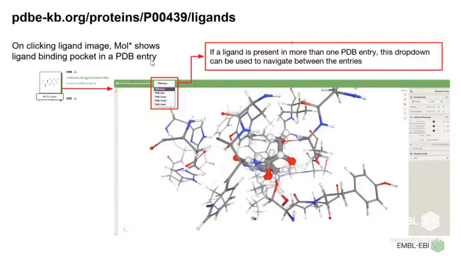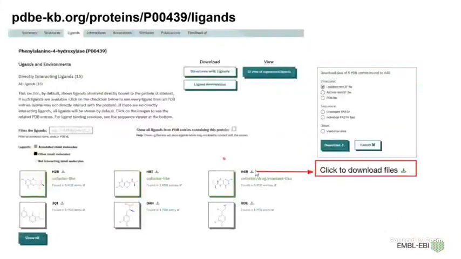If there is more than one entry in which the ligand is bound, you have the drop-down menu and you can navigate between various PDB entries. You can click on this download button in order to download data for this particular ligand.